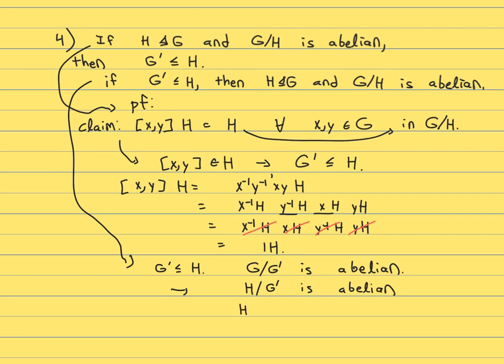And this also means H mod G prime is normal in G mod G prime. Applying the isomorphism theorems, this tells you that H is normal in G. And then you use the fact that G mod H is isomorphic to G mod G prime, quotient out by H mod G prime, which are both abelian groups. So that's enough to tell you that G mod H is also abelian.